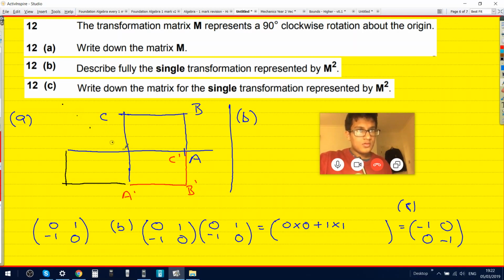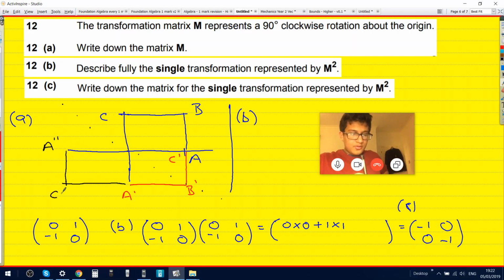The line y equals -x is like that. So that's B. No, because A is at (-1, 0). So that would be C if it was. Oh, right, yeah.